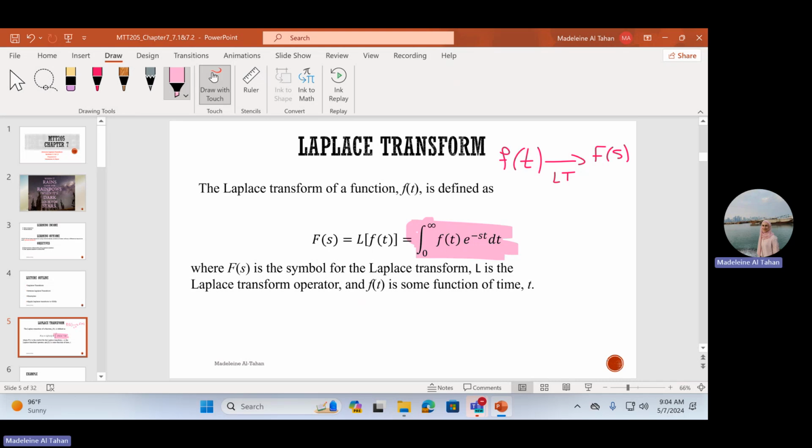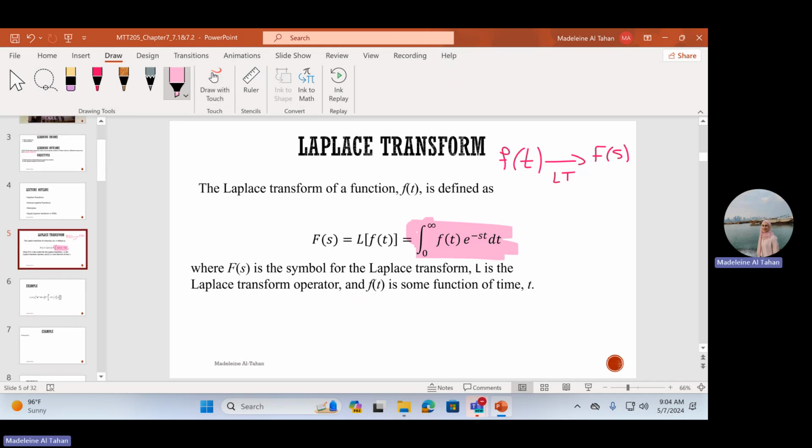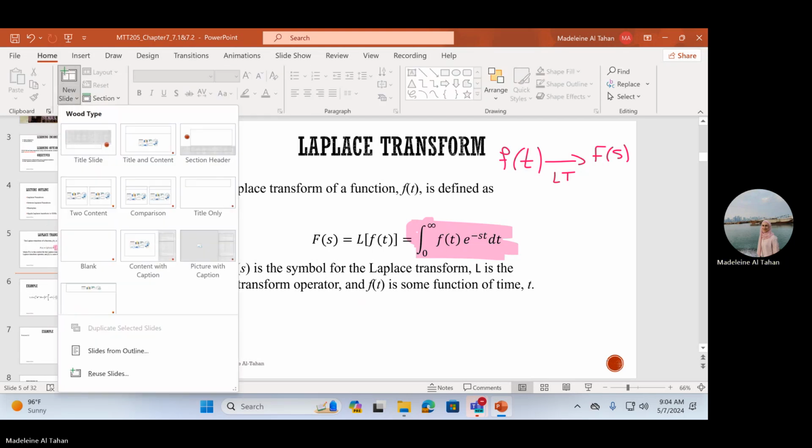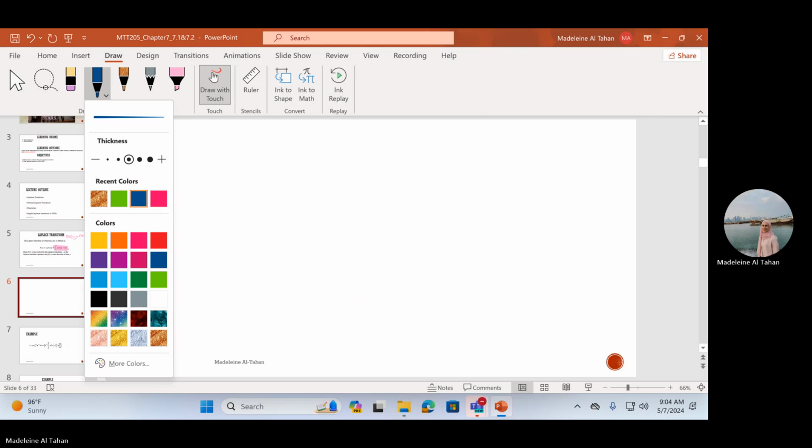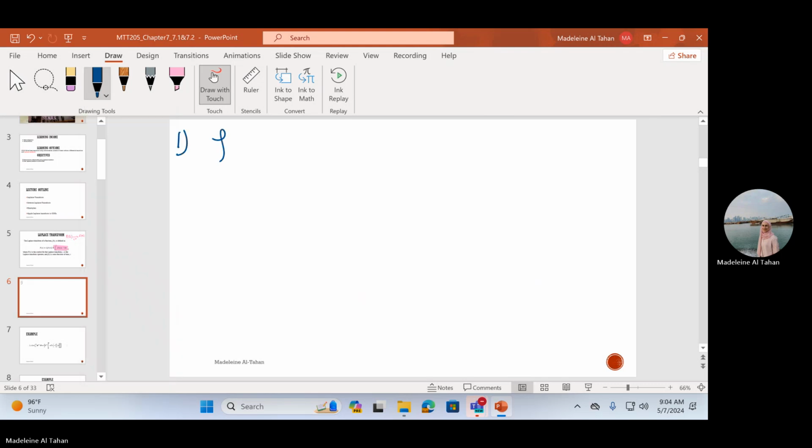Same formula. In order to make sure that we understood it best, let's give a direct example. Laplace of 1. So what's f of t in this case? Please, all of you should write this. We need to find Laplace of 1.